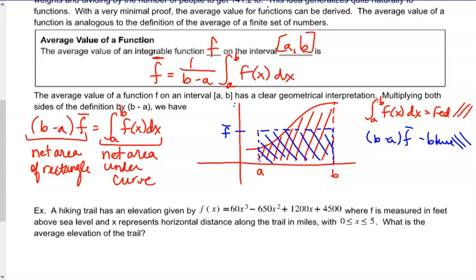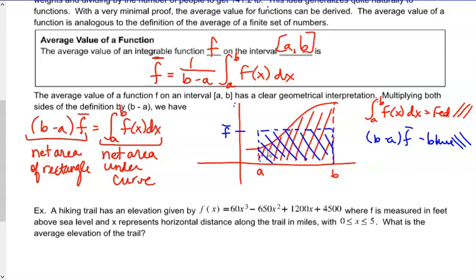So what we're saying here, the geometric interpretation of this mean, basically says if I take the area under the curve, I can find an equivalent area of a rectangle on the same graph in which those two areas are equal. This f bar here is what makes that happen.